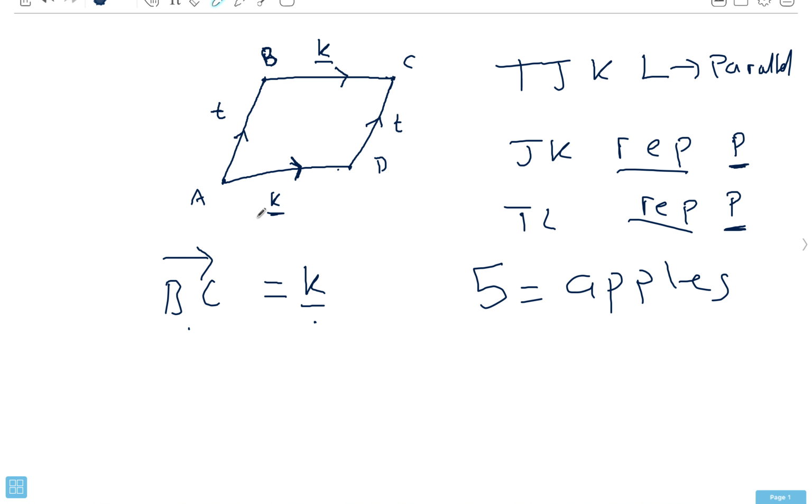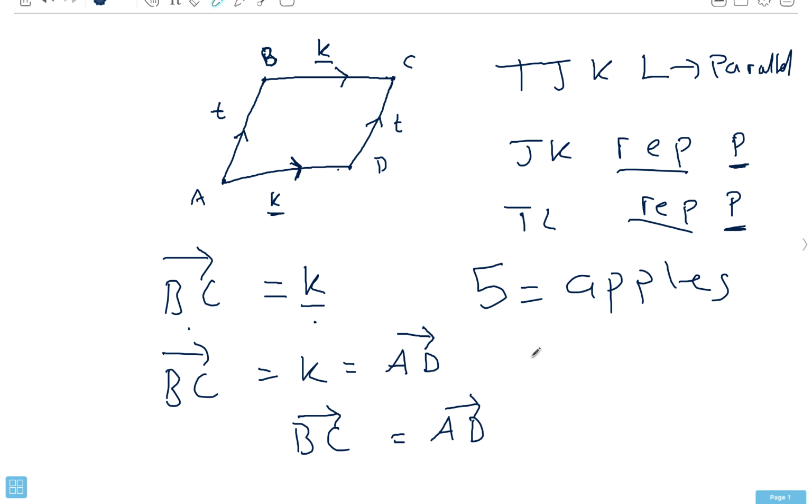The other reason is because if we were to say BC is equal to K, well, K is also equal to AD. And since this is equal to K, and this is equal to K, then from this, BC must equal AD.